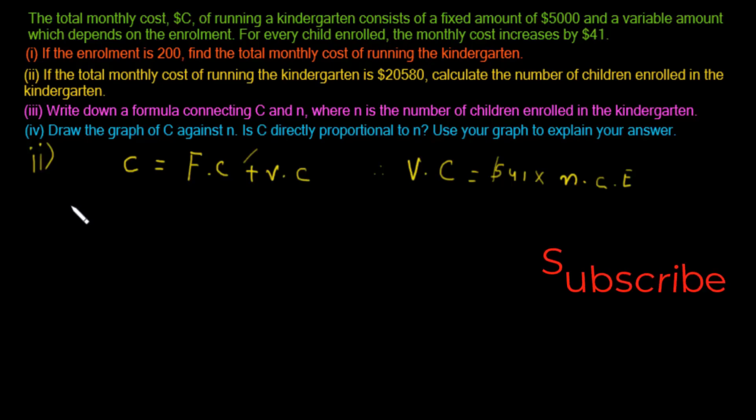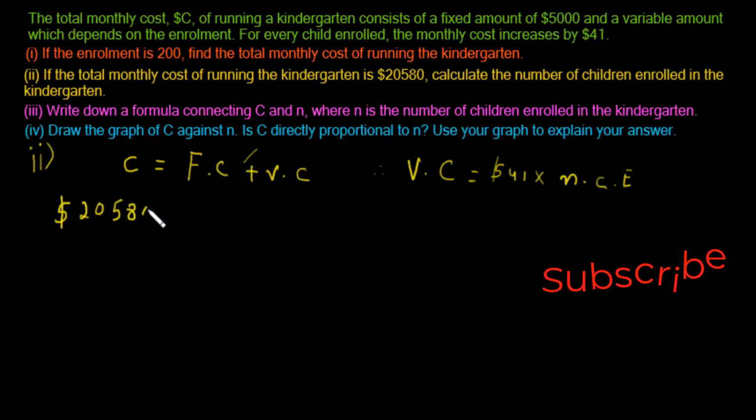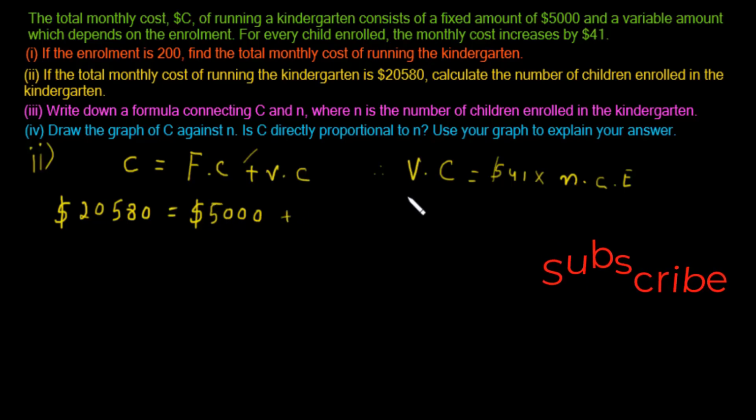For C, I'm going to substitute 20,580. The fixed cost, we know, is $5,000. And for the variable cost, I can substitute 41 multiplied by the number of children enrolled.